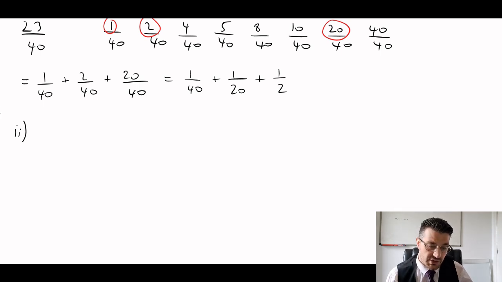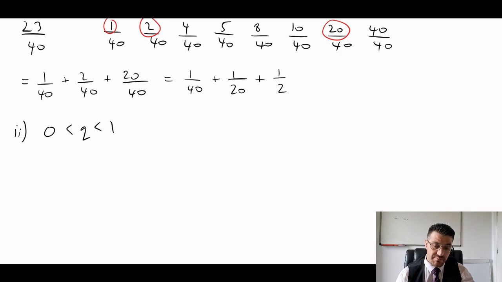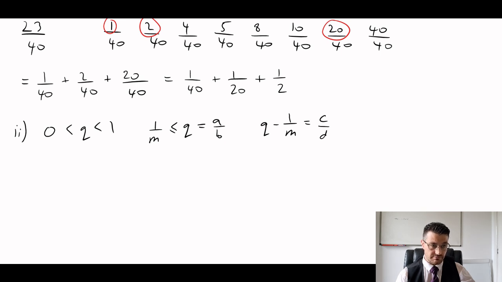Okay, so let Q be a rational number with 0 less than Q less than 1. And this is really important: let M be the smallest natural number such that 1 over M is less than or equal to Q. And suppose Q is equal to A over B, and Q minus 1 over M is equal to C over D, in their lowest terms.